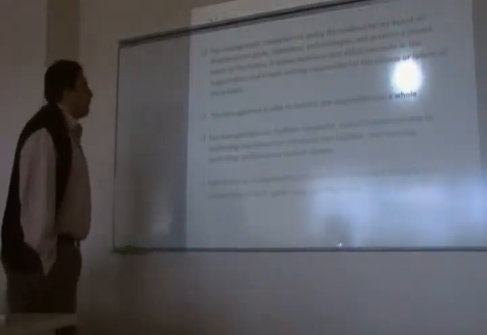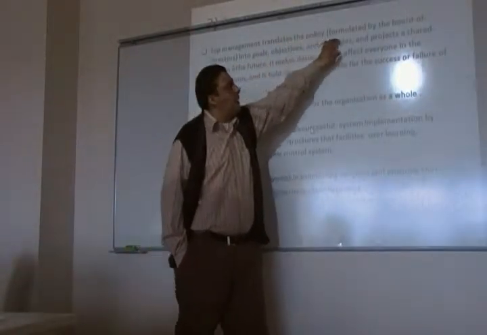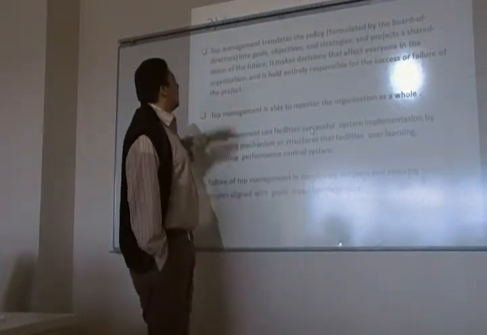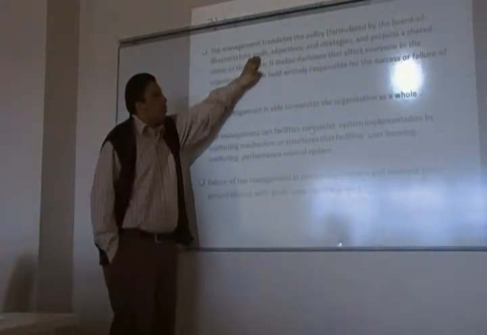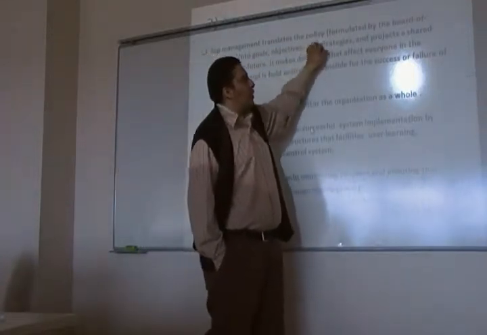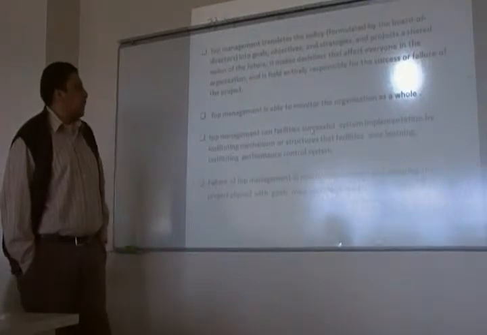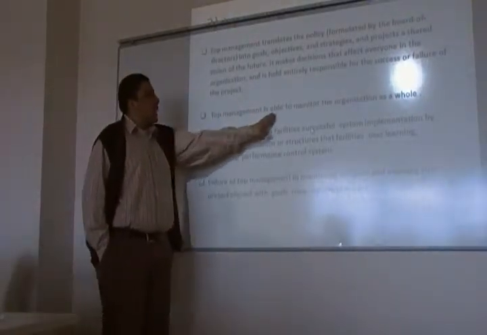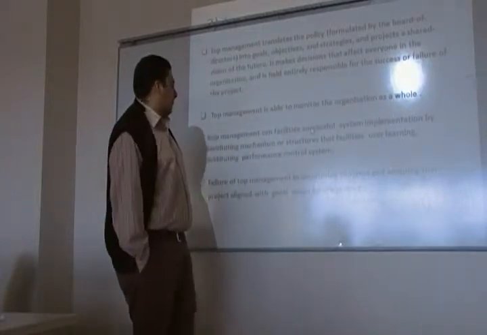Top management. Top management translates policies formulated by the board of directors into goals, objectives, and strategy, and projects a vision of the future. Top management is able to monitor the organization as a whole.